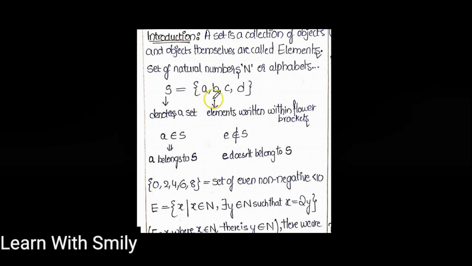So these A, B, C, D are called elements. Suppose we take A, which belongs to S. This symbol denotes belongs to. So here A is an element which belongs to S. Coming to the alphabet E, that does not belong to S because it was not within this set, right? So we can write it as doesn't belong to.